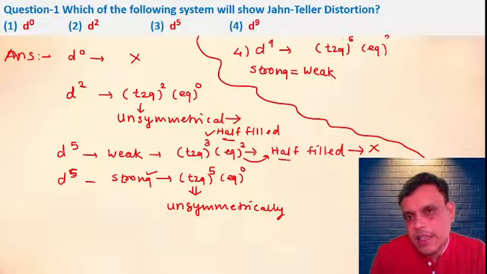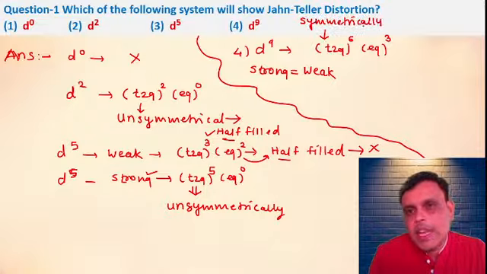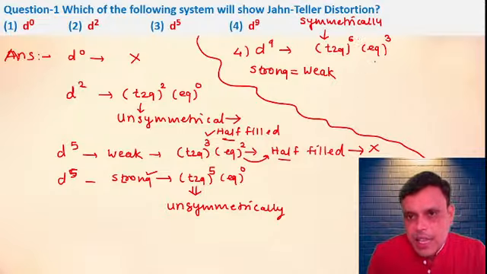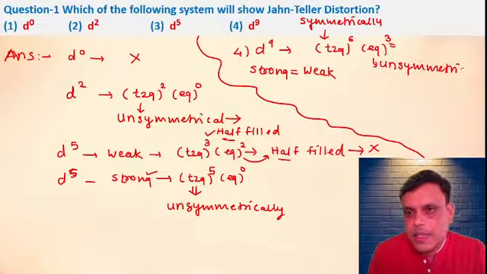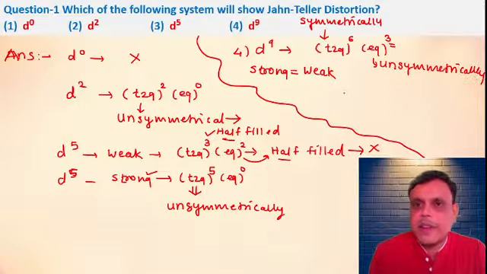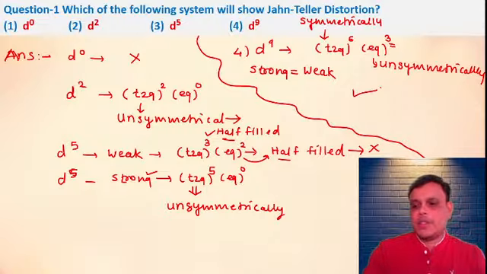So here the t2g orbitals are symmetrically filled, and in the eg orbital, 3 electrons are there. It is unsymmetrically filled. So it will show Jahn-Teller distortion with higher magnitude.